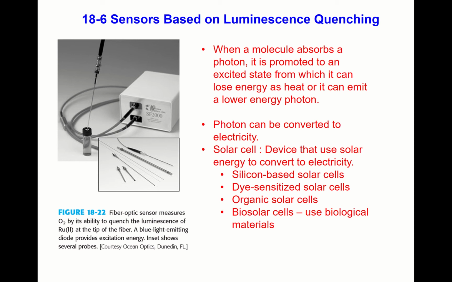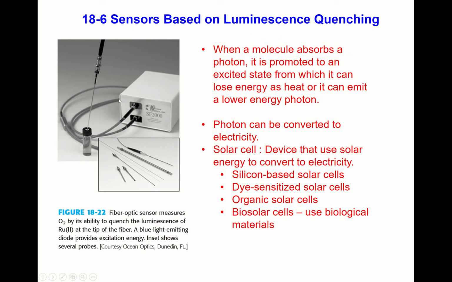Based on this luminescence quenching, we'll learn shortly how we derive the equation for it. At any rate, let's admit that luminescence in some circumstances is quenched, and using that phenomenon, people have developed sensors based on luminescence quenching.